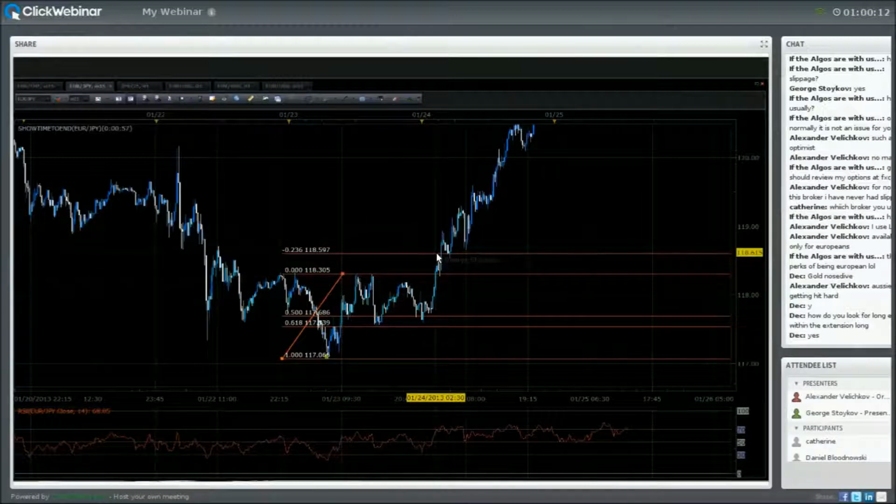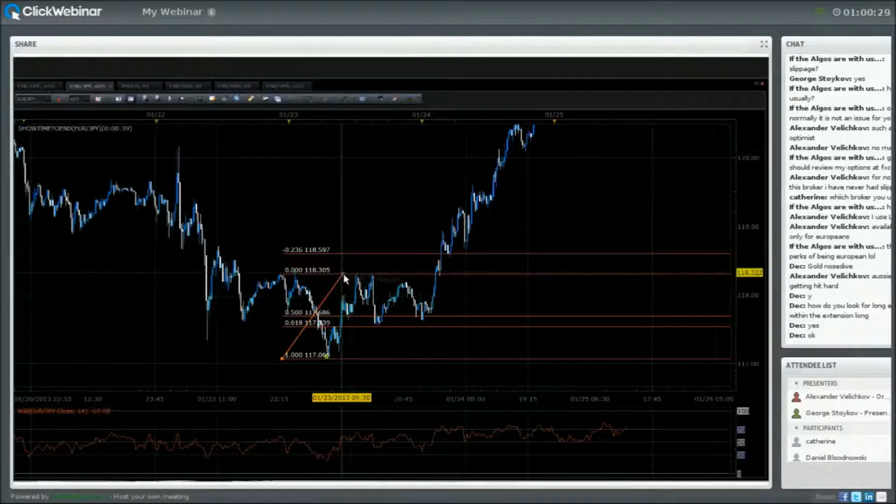Okay. You can see that after reaching target, it started blowing through targets, right? You can see that this target did not prove a profit-taking zone, right? It just went straight up, right? I would again ask you to confirm.